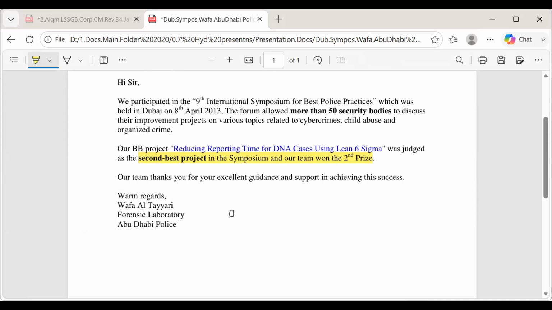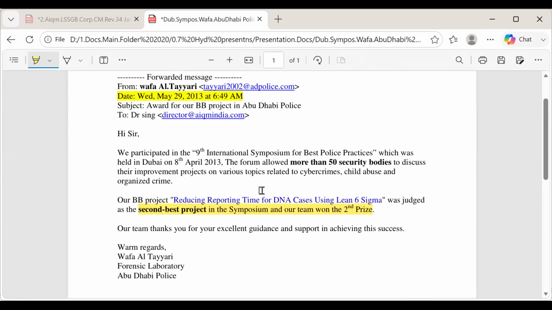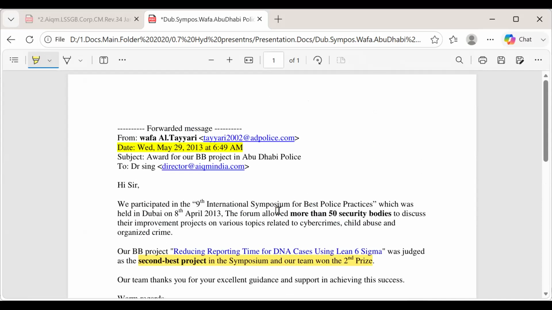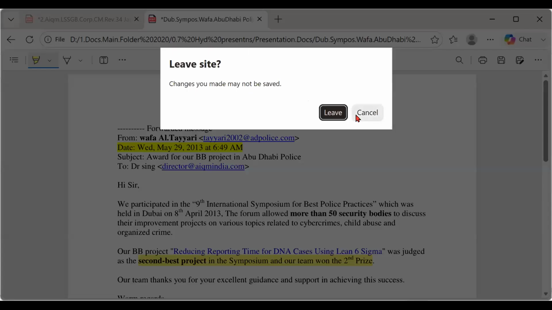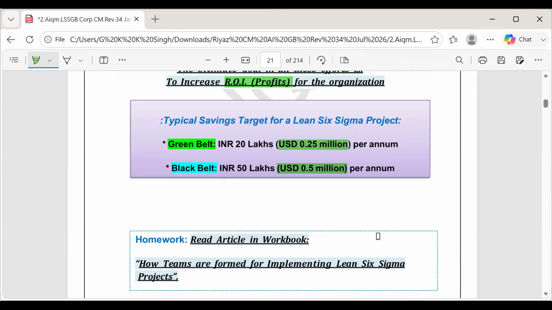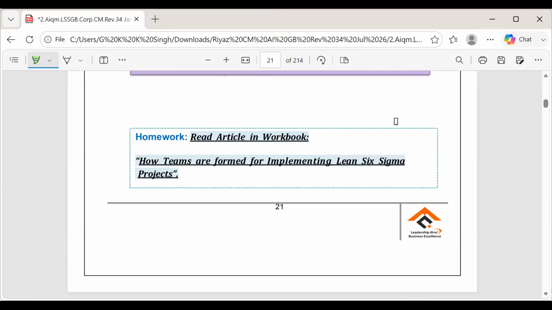So with this project, there was a tremendous reduction in the reporting time, from 30 days to about 10 days. So these kinds of things can be achieved by implementing Six Sigma projects. And the methodology we are using here is the DMAIC methodology.